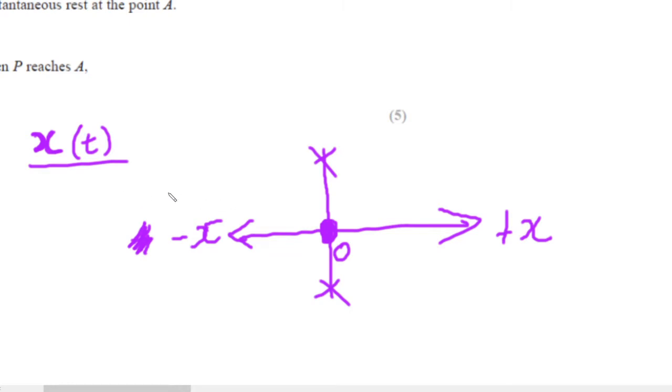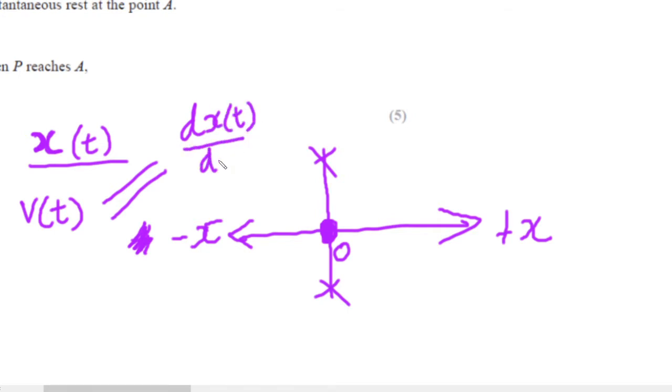And the next quantity that matters is the particle's velocity. And the velocity is expressible as the change in x per second at a given point in time. So v(t) is also equal to dx(t) by dt. Or rather, it's the differential of x with respect to time, which you could also write as x prime.